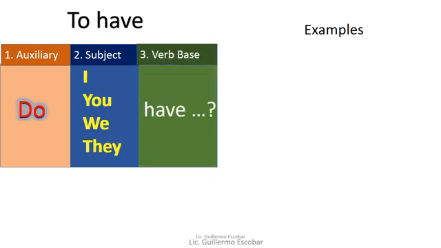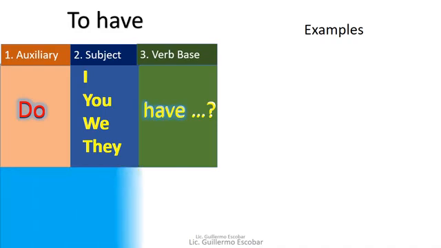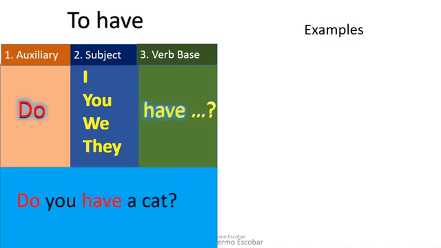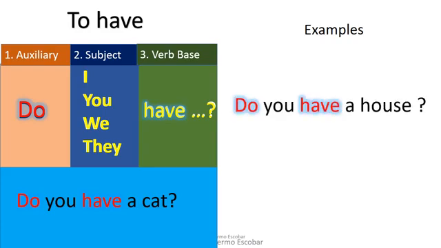Number 3. In number 3, we use the base form of any verb. In this case, we have. So, the full form is: Do you have a cat? With a complement.